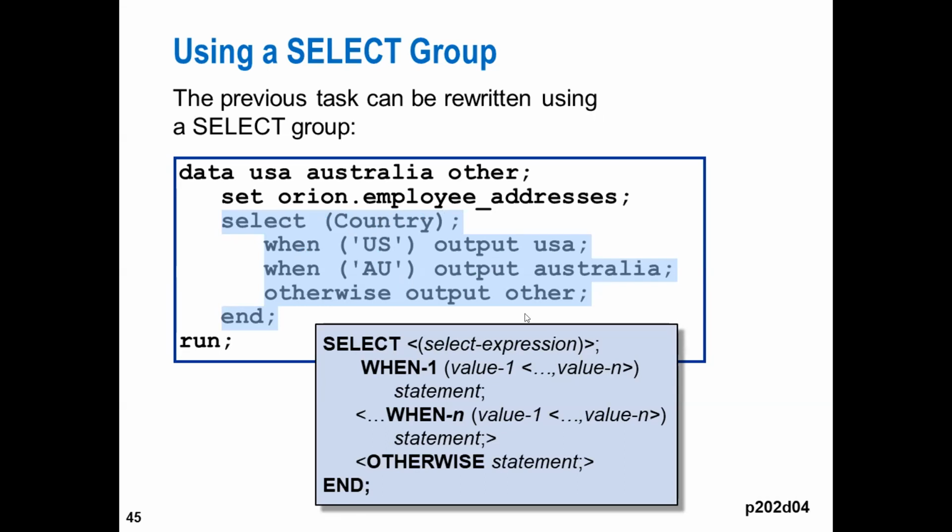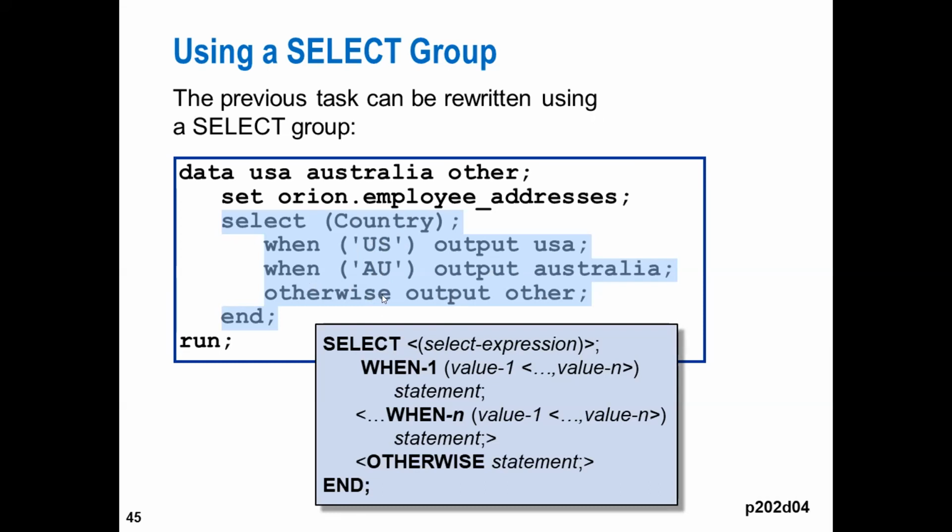Otherwise, output other, and end. Because it's a select group, and for a single select for this column you are writing multiple values, hence it's ending with end. If you are giving all these conditions for the values of country, at the end you can write: if the above conditions are not true, then otherwise output to other.